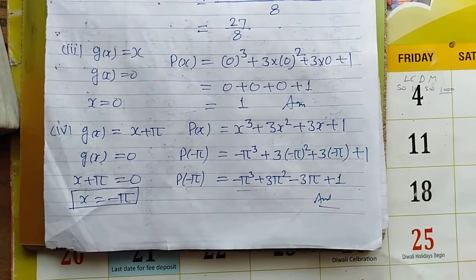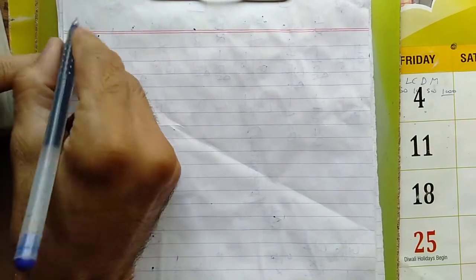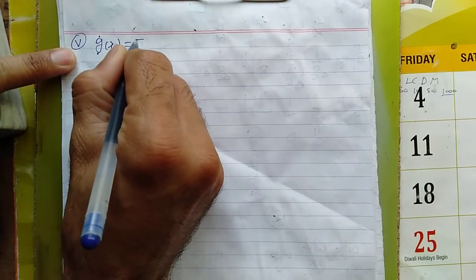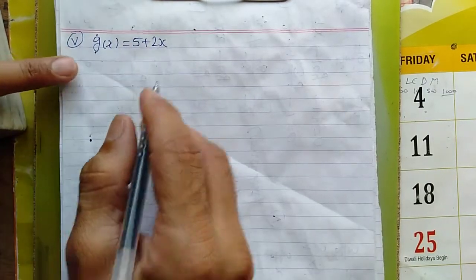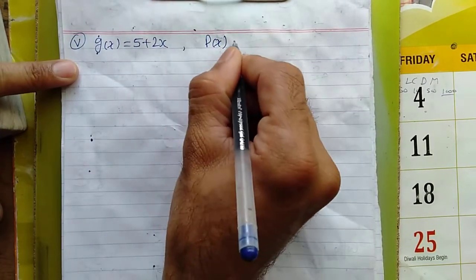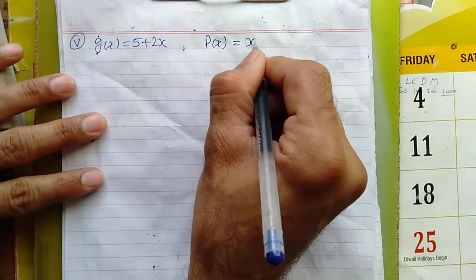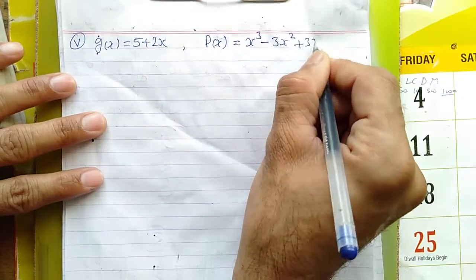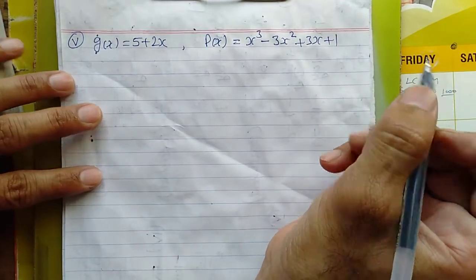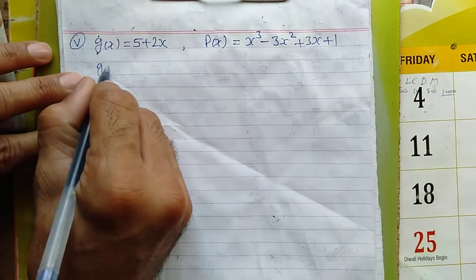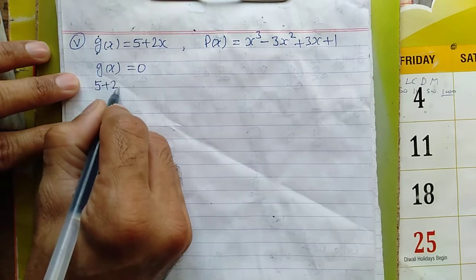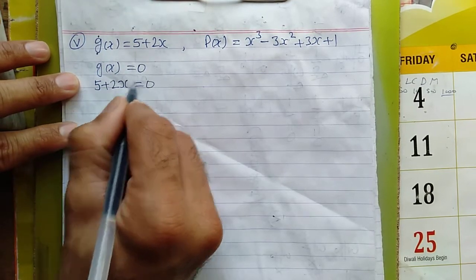Now we will take the next question, and the next and last question of the same, the fifth one, is gx equal to 5 plus 2x, and the same px, just before I told you, x cube minus 3x square plus 3x plus 1. So here gx equals 5 plus 2x, we will take gx equal 0 for finding the zero of this one. So 5 plus 2x will be equal to 0.